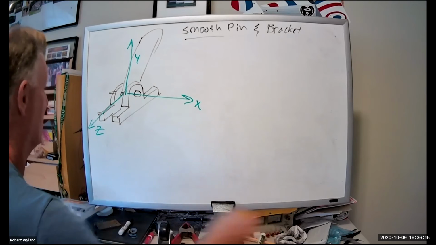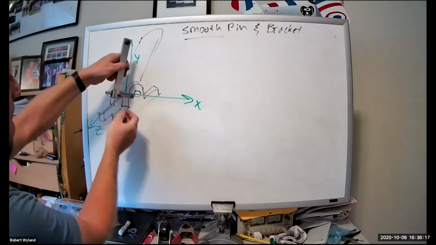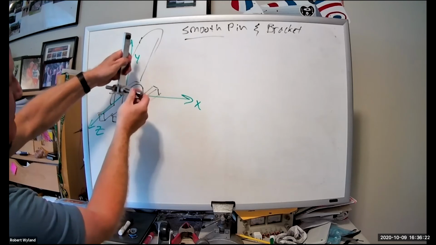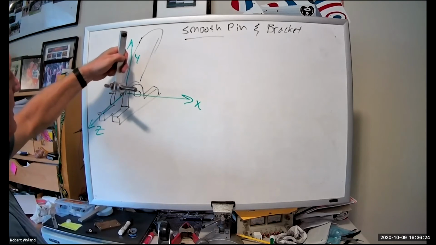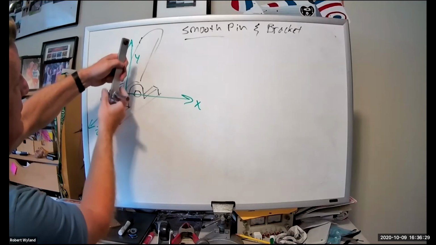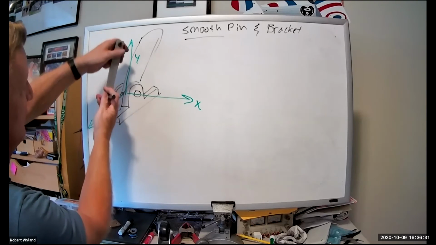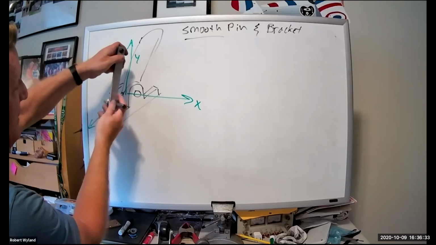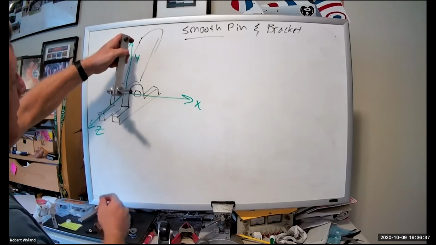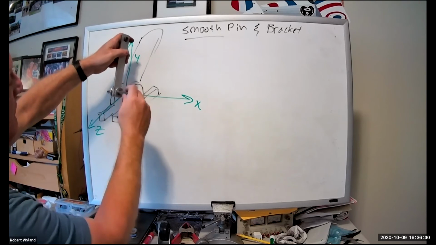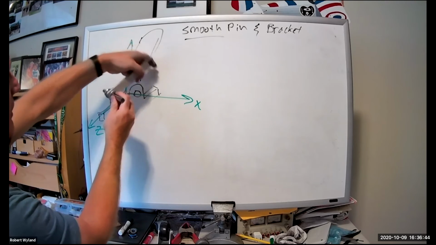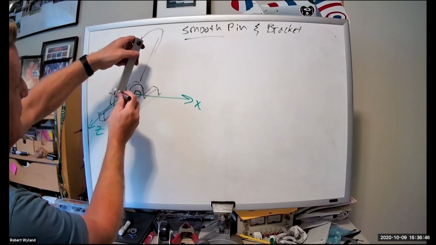So again, if we go back, we said we can't move in X. I got a little slop because I did a bad job, but it's not intended to move in X. We can't move in Y. If we try and pull it, it won't move in Y. And in Z, if we push in Z, it won't move either. When we do moments, we can clearly have a moment about X, depending how you want to look at it.